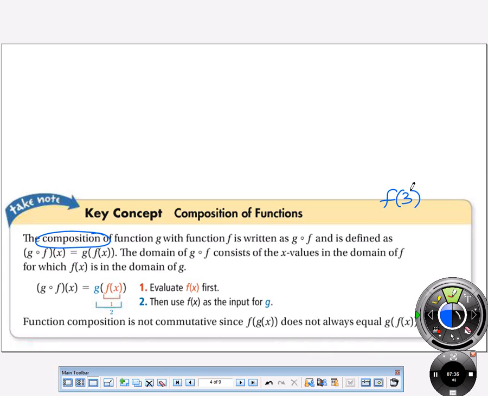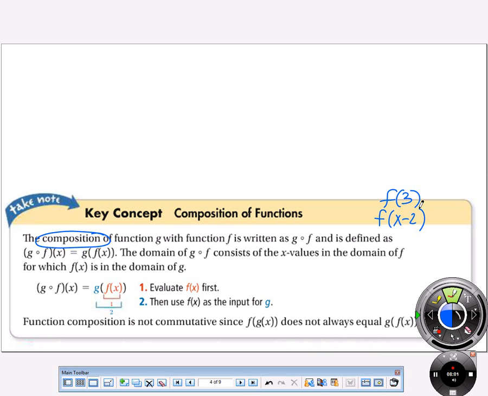The thing is, they don't have to give you a number to plug in, and that's where it gets a little bit more complicated. They could ask you to plug in f of x minus 2. What do you think that means to do? Plug in x minus 2 for x, okay? Where you would have normally plugged in a number, now you're plugging in a whole expression, and that's okay.